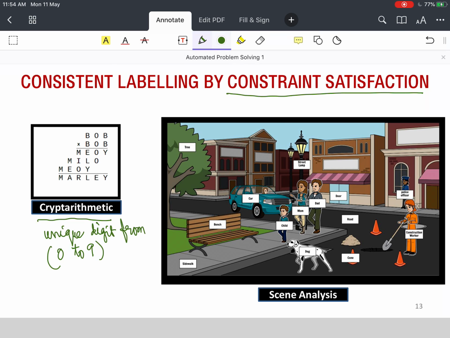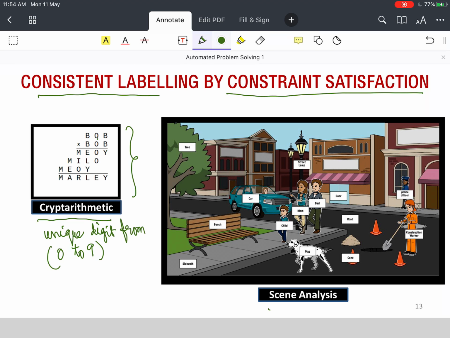So I have to now map O, B, M, E, Y, I, L, etc. R to a unique digit. No two alphabet letters can have the same digit, and I have to solve this multiplication problem. So this is a crypt arithmetic problem where I need to do a consistent labeling.